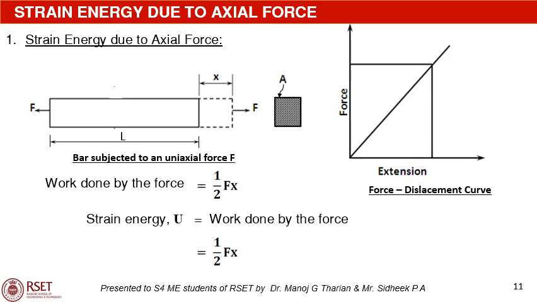Work done by the force is equal to the average force into the displacement, that is half F into X. The work done is stored as strain energy. So strain energy U is equal to half F into X.